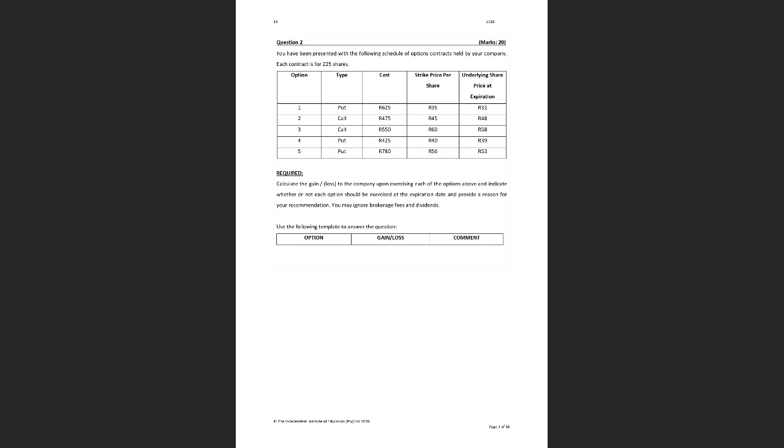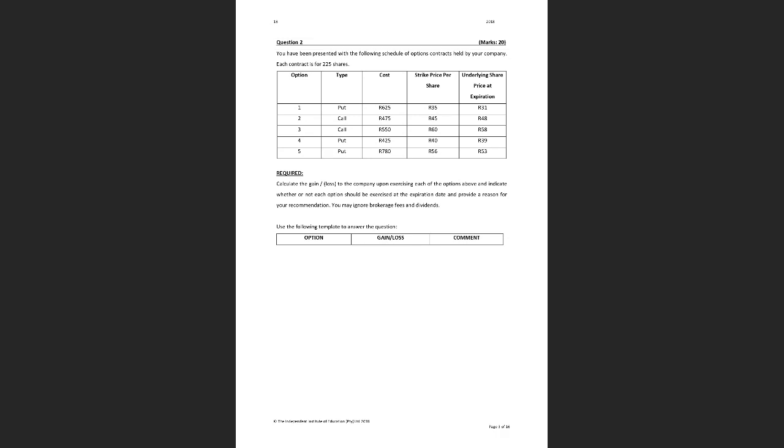If you hold a call option, it's the other way round. You are then holding an option giving you the right to purchase at 45 Rand, whereas if you purchase them in the open market, you would be paying 48 Rand. So for a call option at expiration date, you want the strike price to be lower than the market price.